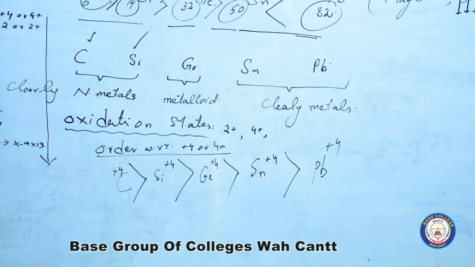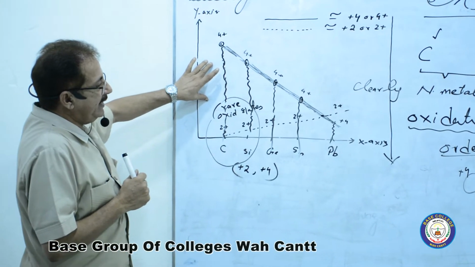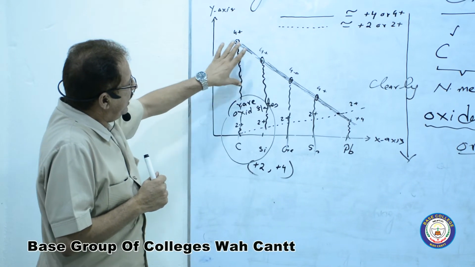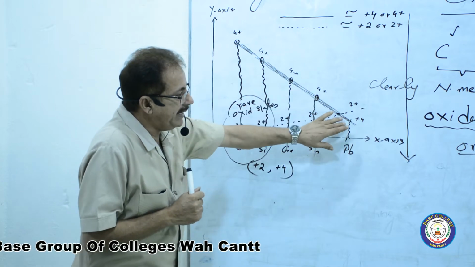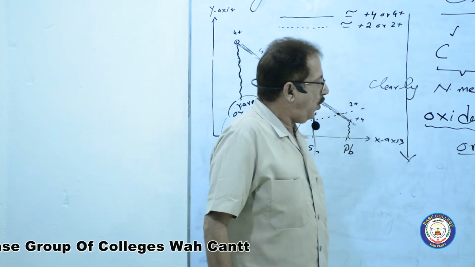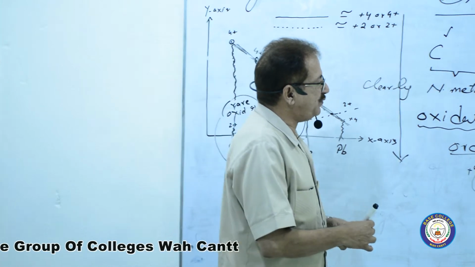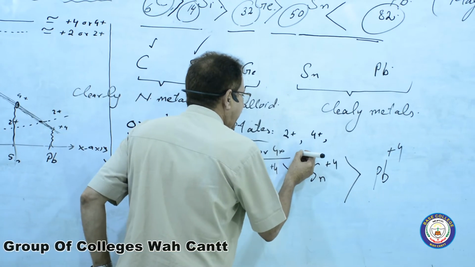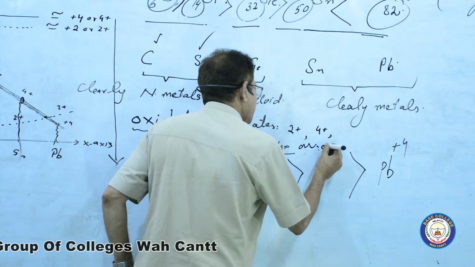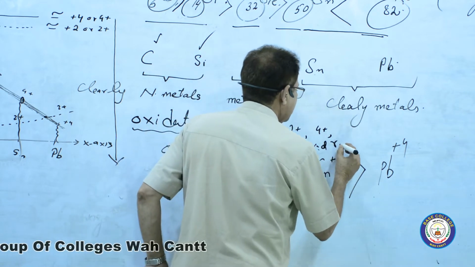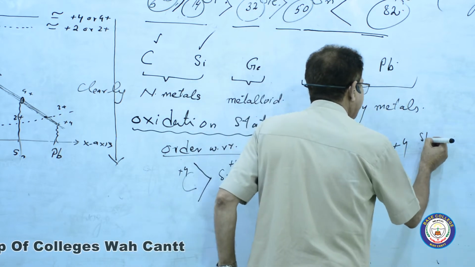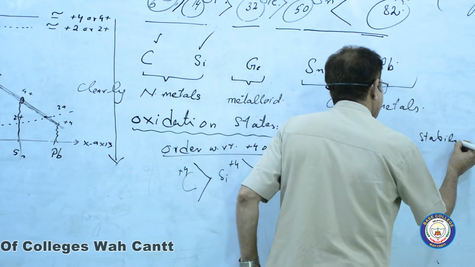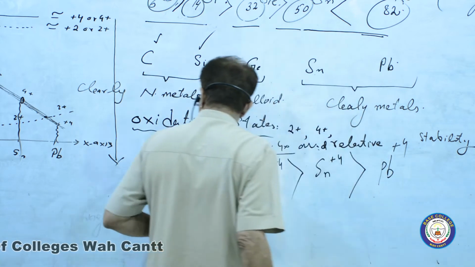It means here stability is maximum, here smaller, here smaller, here smaller, and here smaller. That's why this is the order with respect to plus 4 and relative stability. This one is the order.